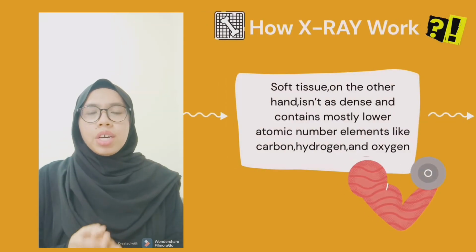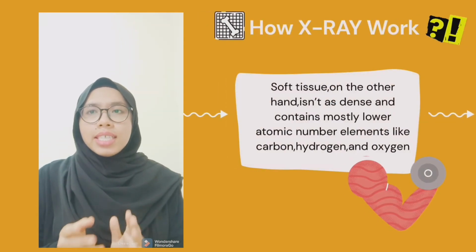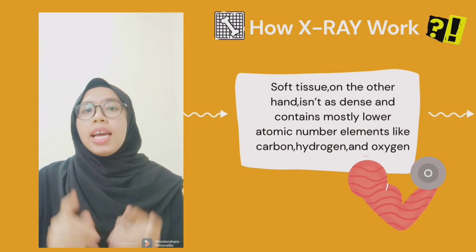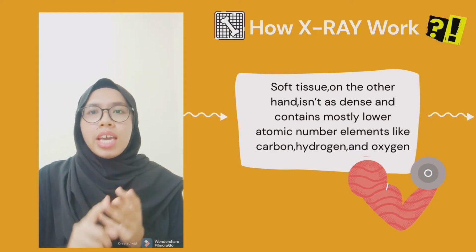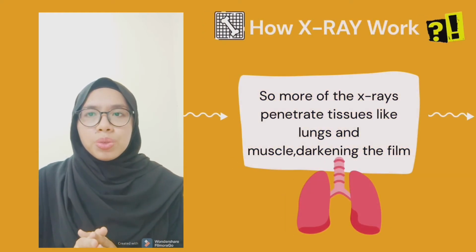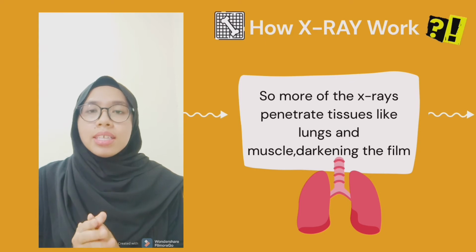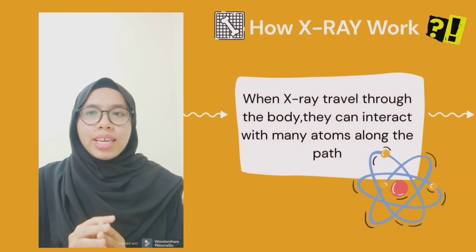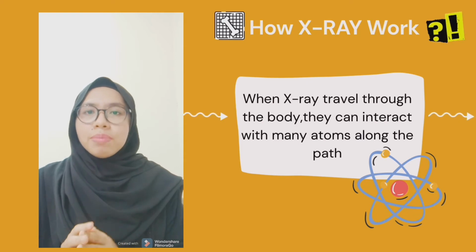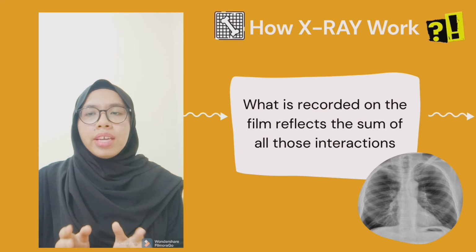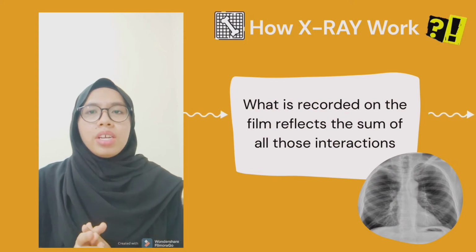Soft tissue, on the other hand, is not as dense and contains mostly lower atomic number elements like carbon, hydrogen, and oxygen. So, more of the X-ray penetrates tissue like lungs and muscle, darkening the film. When X-ray travels through the body, they can interact with many atoms along the path. What is recorded on the film reflects the sum of all of those interactions.